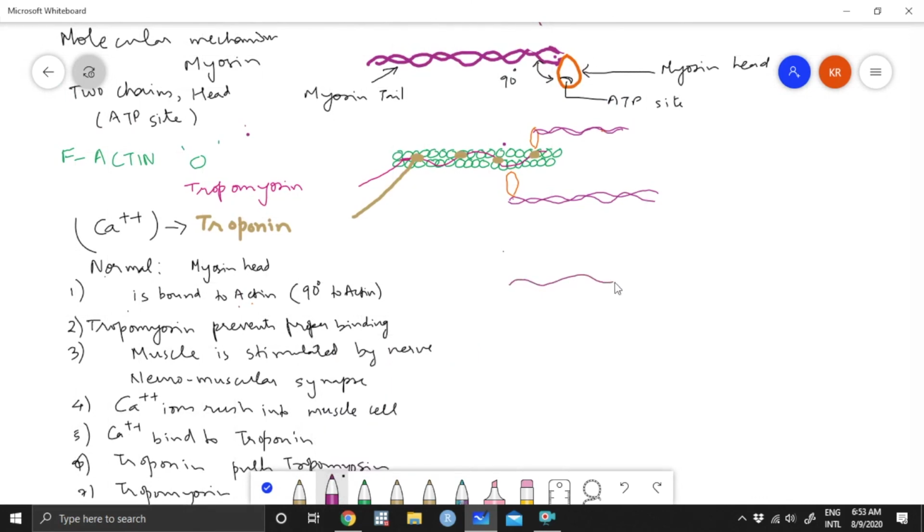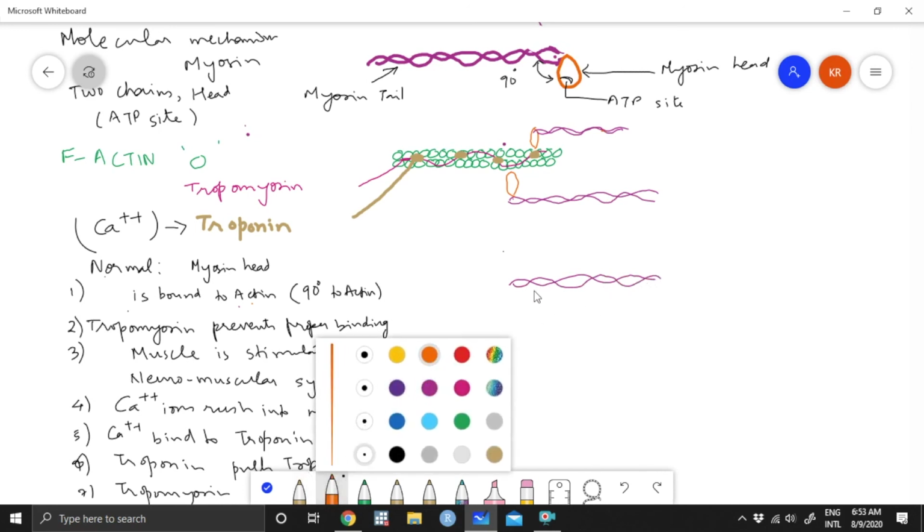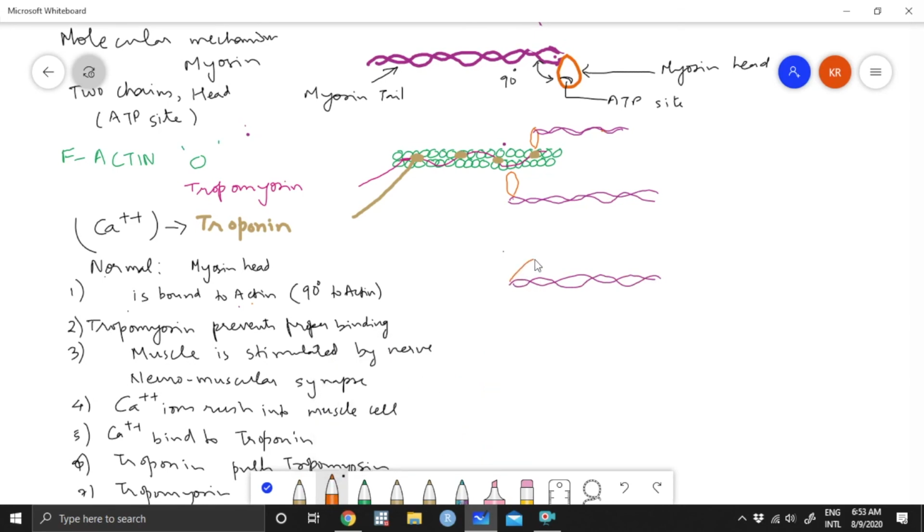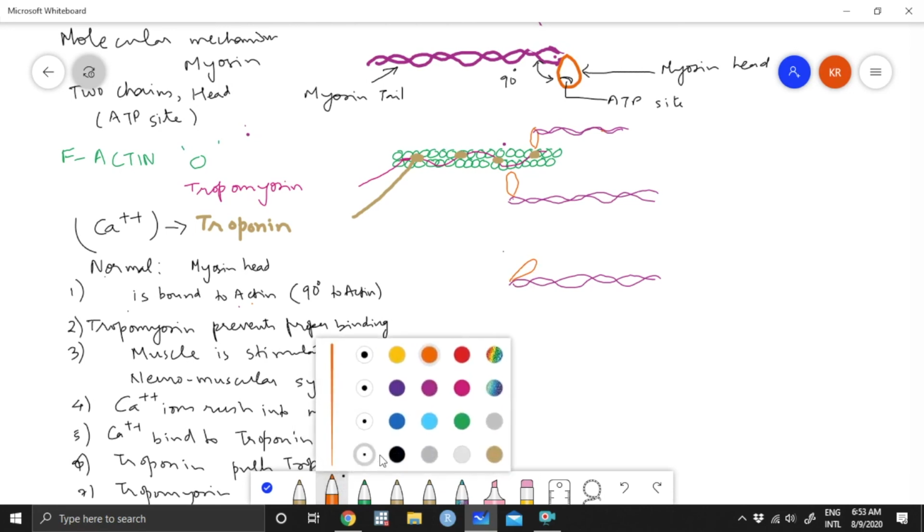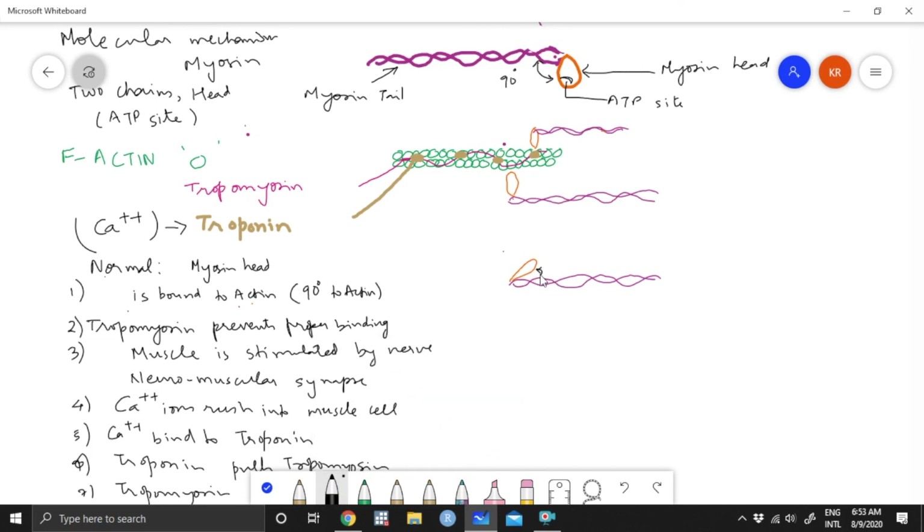So I am showing it over here. Look at the angle now. It has turned at an angle of 45 degrees. Now when it is turned at an angle of 45 degrees, remember where was this located? This was bound to the actin. So this green structure which you have shown over here was bound to the actin.